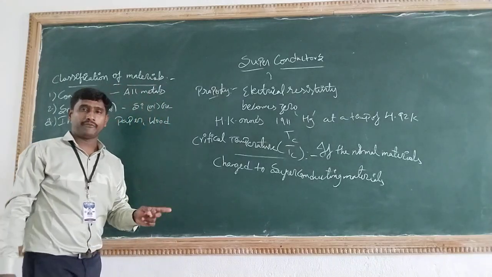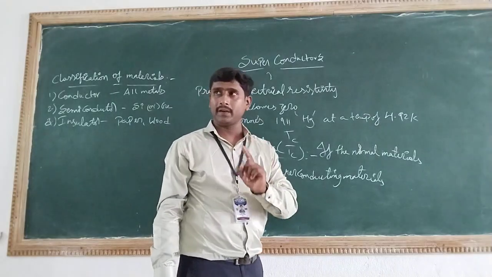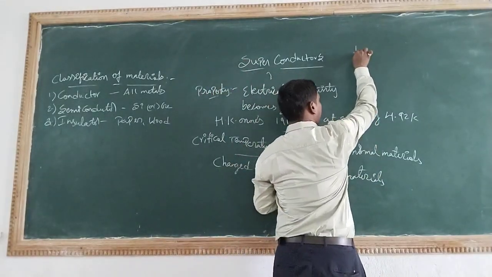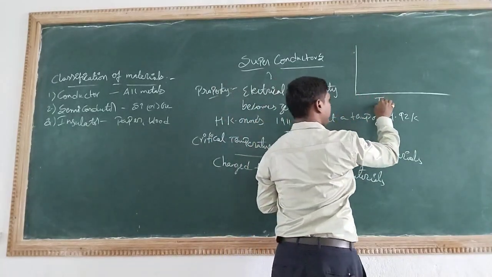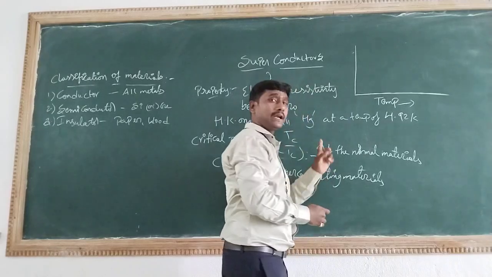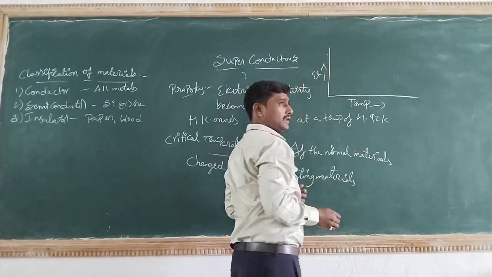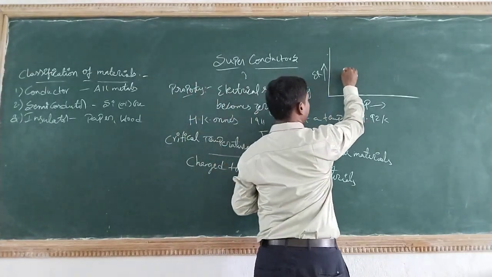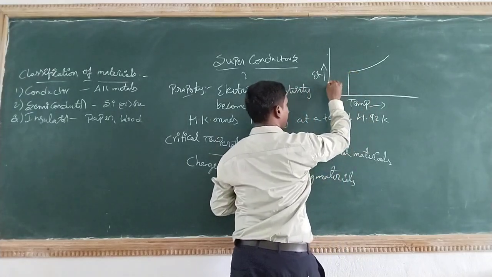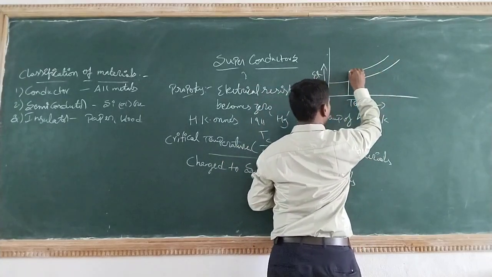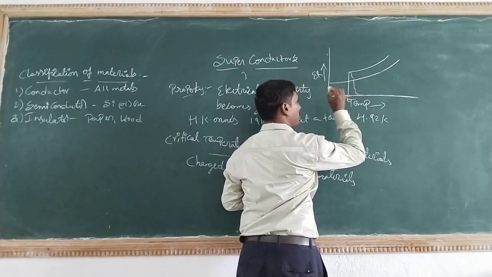If you draw the graph between electrical resistivity and temperature, with temperature taken on the x-axis and electrical resistivity on the y-axis, then the graph will be obtained like this. This point is called the critical temperature point.